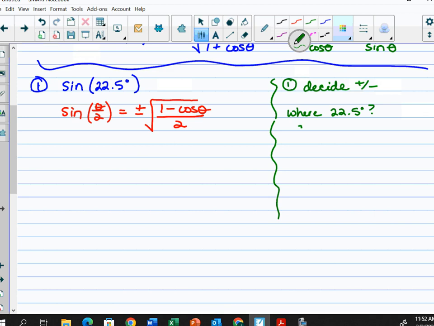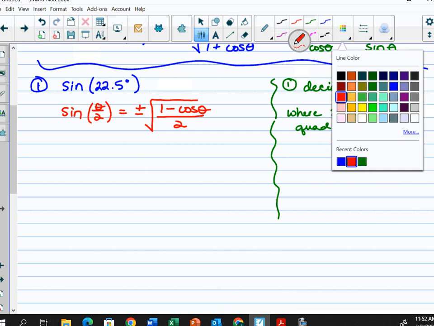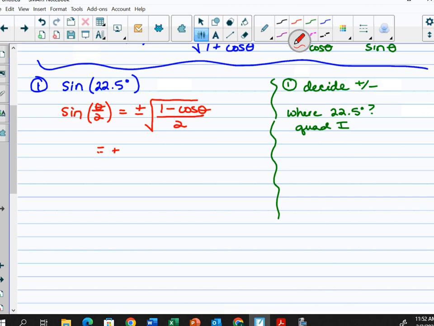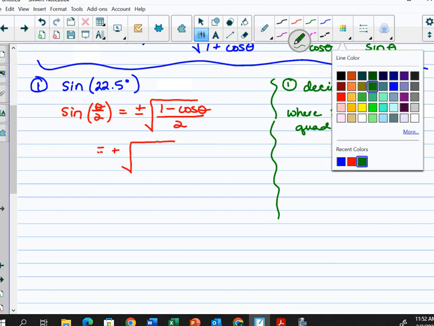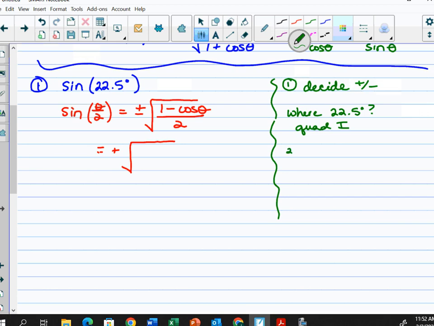Okay, quadrant 1, right? Is sine positive or negative in quadrant 1? Okay, so we are picking positive. The second thing you have to figure out, what is theta?